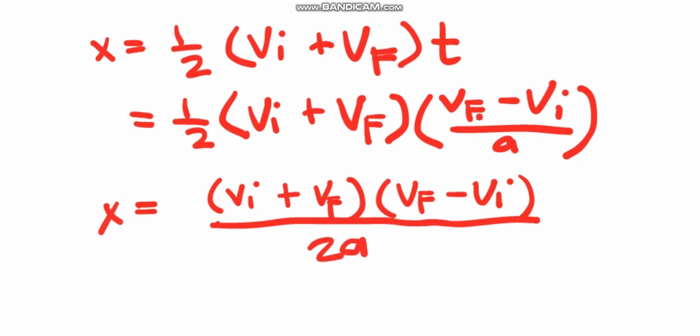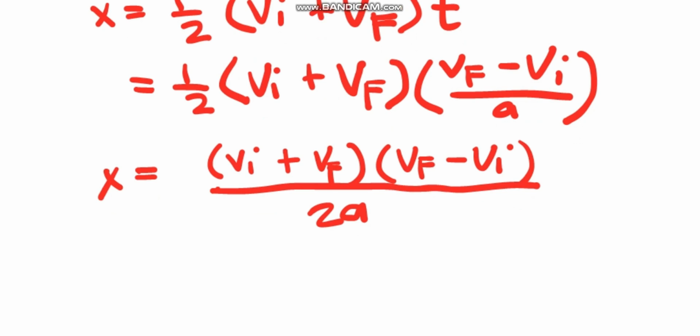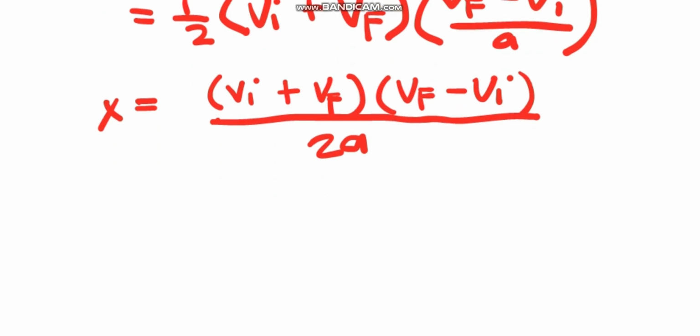So we can simplify the numerator, this term, by using the FOIL method that we have learned in our algebra. If you can still remember, first term, outer term, inner term, and last term. That's why we call it the FOIL method.